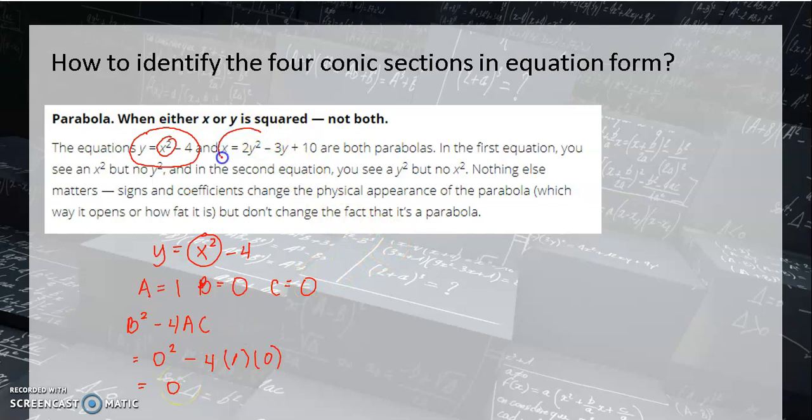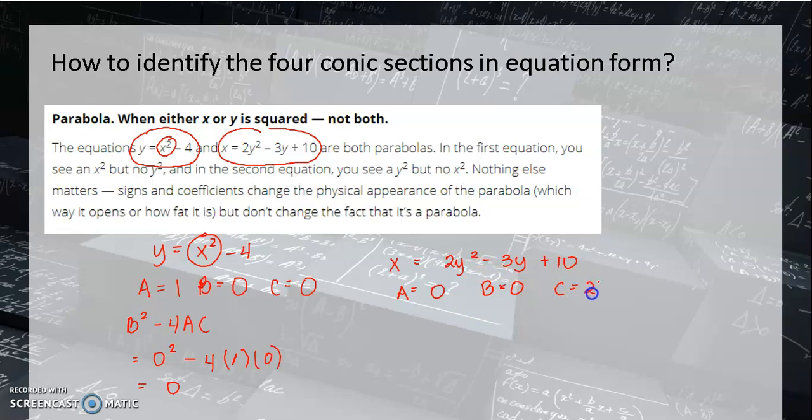Next would be x is equal to 2y squared minus 3y plus 10. So let's identify the parts. A is equal to 0 since you don't have the x squared term. B is equal to 0 since you don't have the xy term.